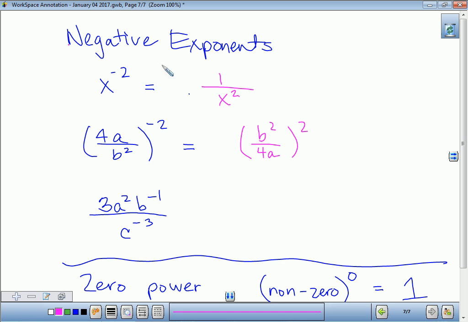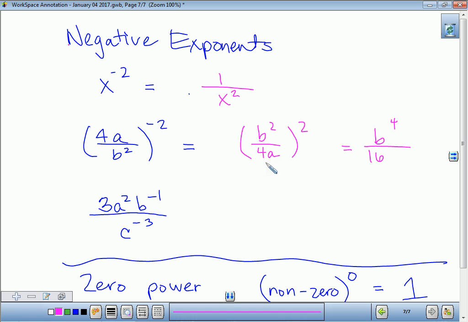Okay, so this kind of combines a couple things. First, we dealt with the negative exponent by flipping the entire fraction. Now, this entire fraction has to be raised to this power. So the b squared gets squared and becomes b to the fourth. The 4 gets squared and becomes 16.